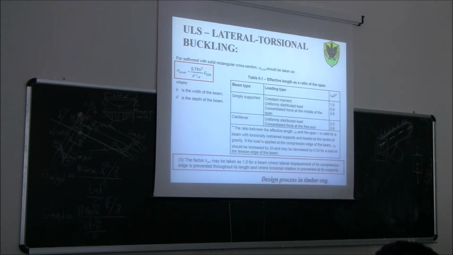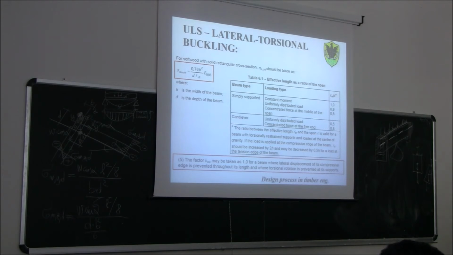Now, suppose that you do a floor, and you connect your timber beam to a reinforced concrete slab. You do what we call a timber concrete composite floor. So you have several joists, several timber beams, connected with some connectors to a reinforced concrete floor. Can this kind of beam buckle for lateral torsional buckling?